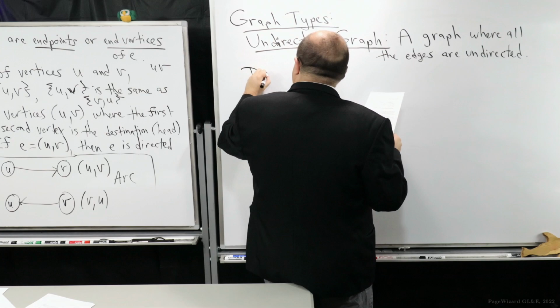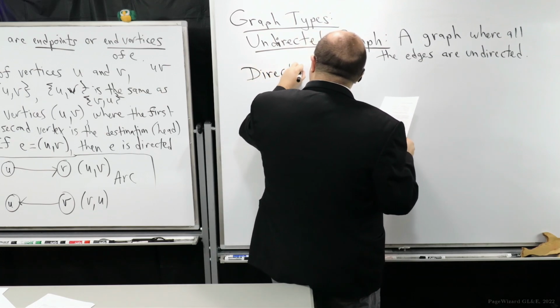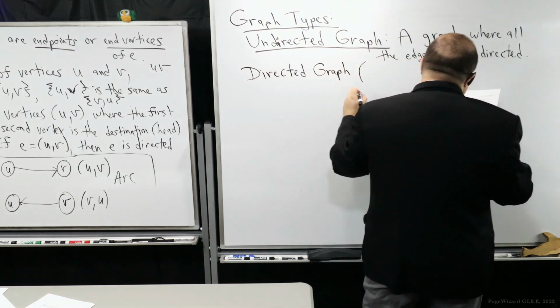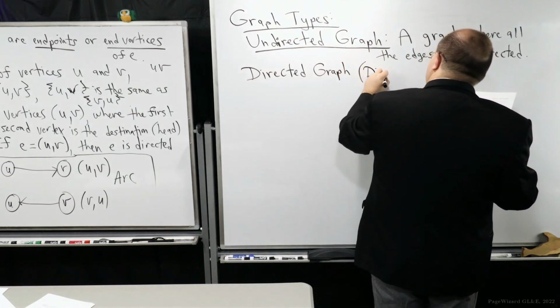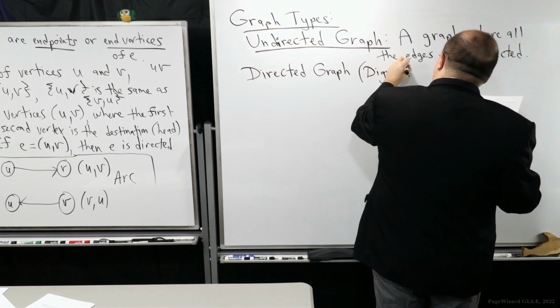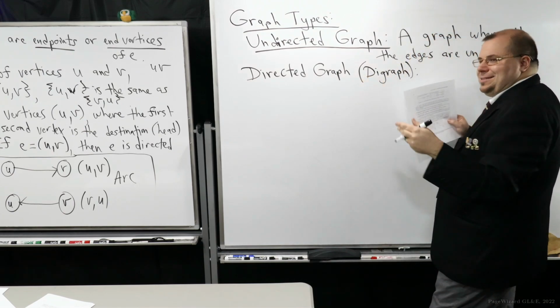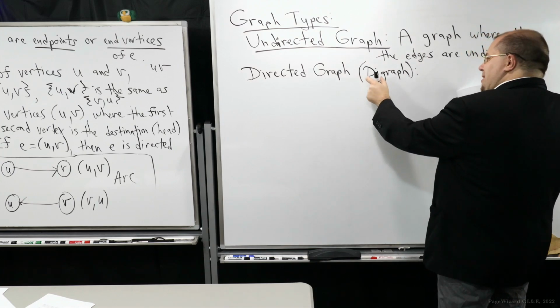Naturally, you can have the concept of a directed graph too, which often people will abbreviate as a digraph. Very often when you talk about directed versions of graphs, they like to put this "di" in front. Not like "die", no stabby stabby. I'm talking "di".